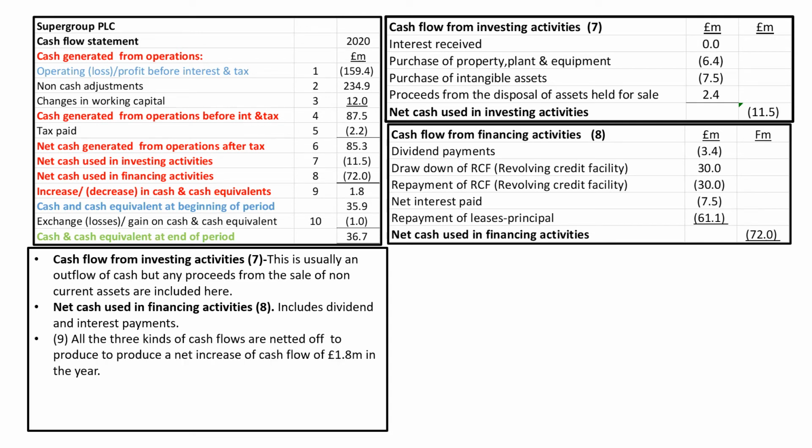All the three kinds of cash flow, by that I mean the operating activities, the investing activities, and the financing activities, are netted off to produce a net increase of cash inflow 1.8 in the year.